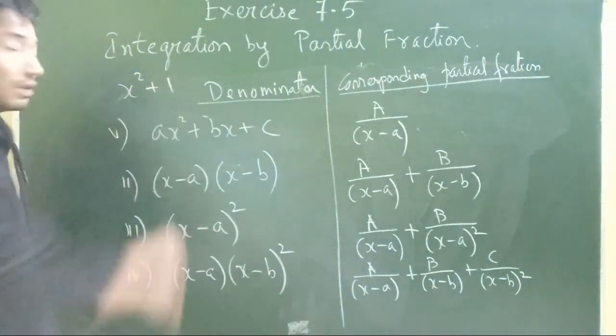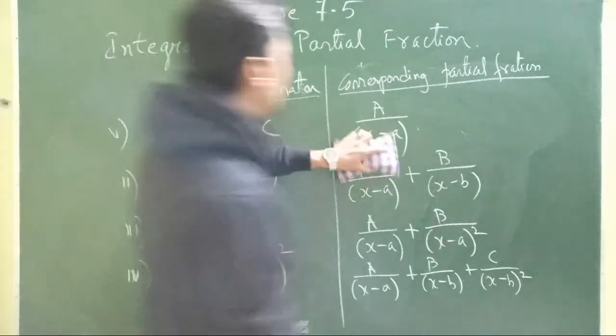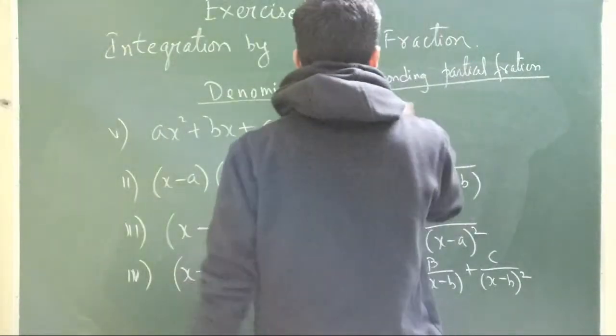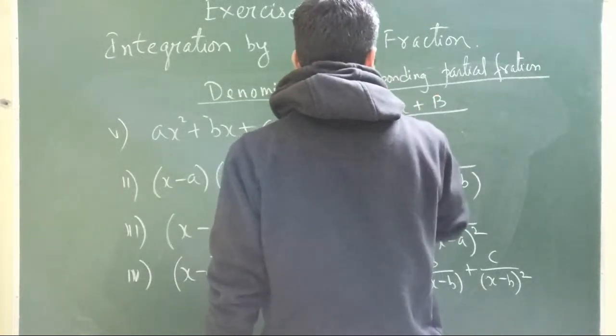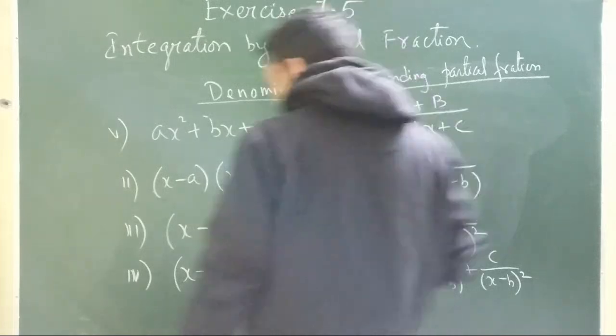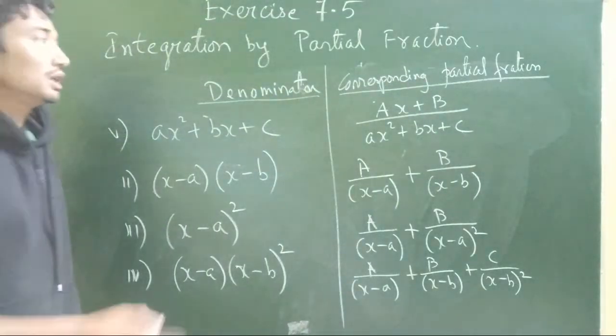So this remains a quadratic denominator. In that case, we will be writing it in this format: Ax plus B divided by ax squared plus bx plus c. And then, of course, we will find out the coefficients A, B, and then we'll simplify.